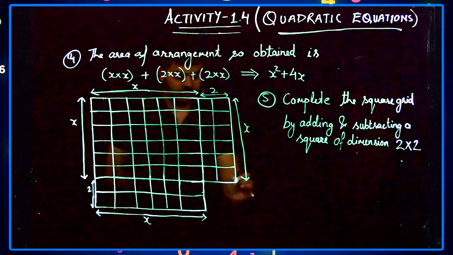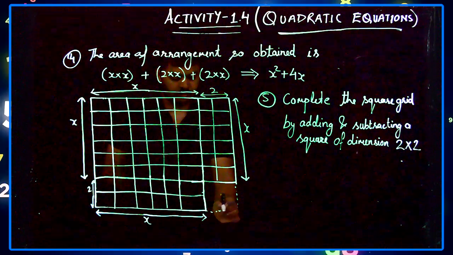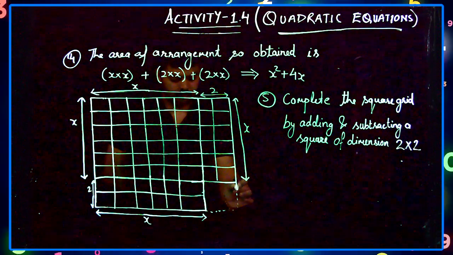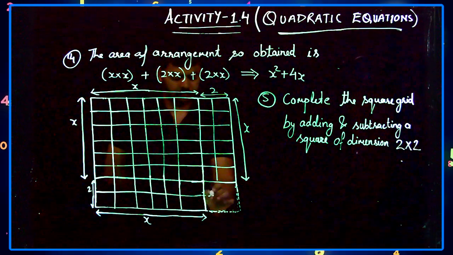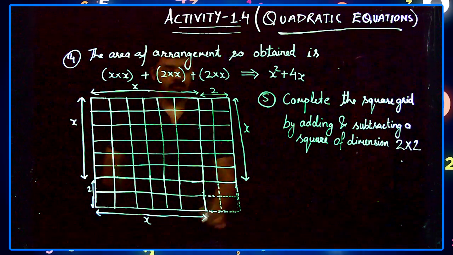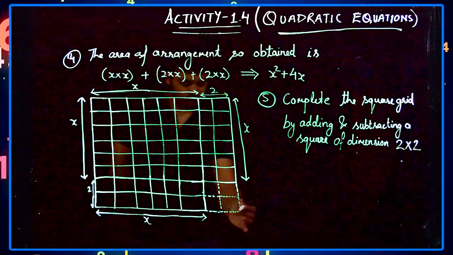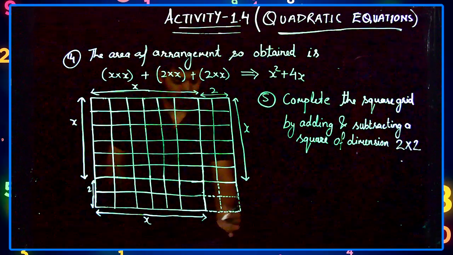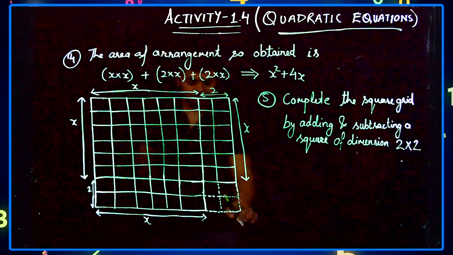That is, we add a square of dimension 2 by 2 to the given square, as I have shown here by dotted lines.